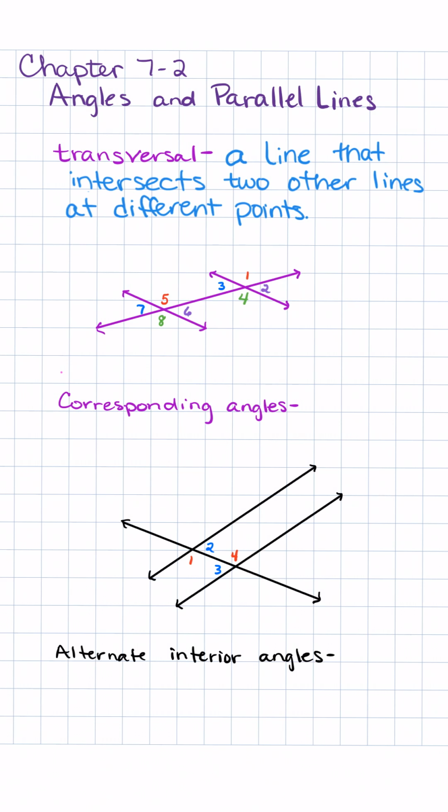Looking at the line below, this line is a transversal. It's intersecting these other two lines at different points. Some pairs of angles formed by two lines and a transversal have special names.